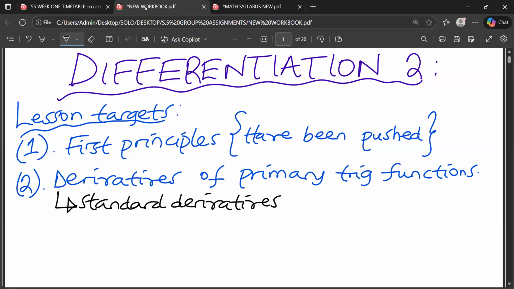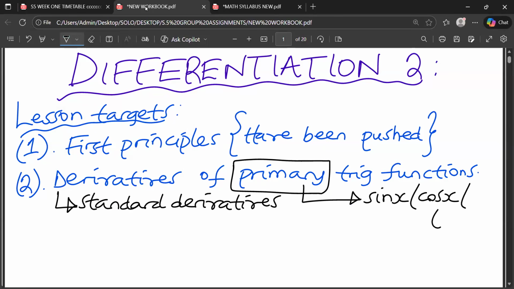So the primary trig functions, those who studied trigonometry with us, I told you the primary are 3, that is sine, cos, and tan x.